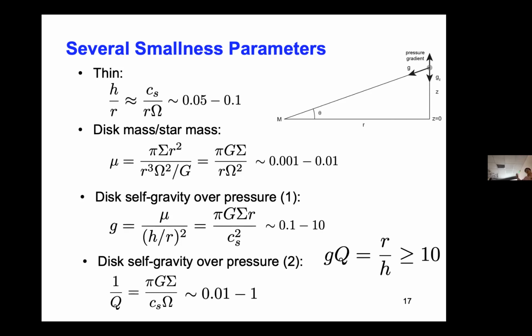So both regions have better ionization, so the coupling to magnetic fields is better, and the mass will accrete strongly. But in this region you don't get enough irradiation, the column depth is high enough that the cosmic ray ionization is not strong enough, so you have very little magnetic coupling, and the turbulence level is very, very low.